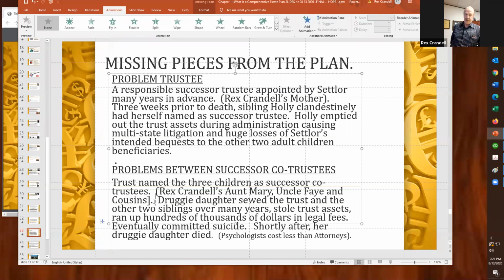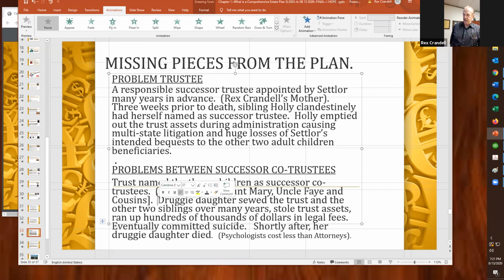Another problem that occurred in my family, and I would not suggest anybody do this, my aunts and uncle, Mary and Faye, named 3 co-trustees. It was a recipe for disaster. The 3 trustees, 2 of them got along and 1 didn't.